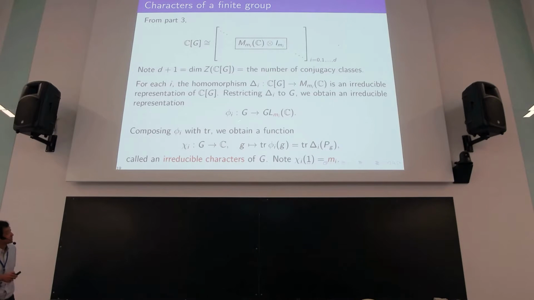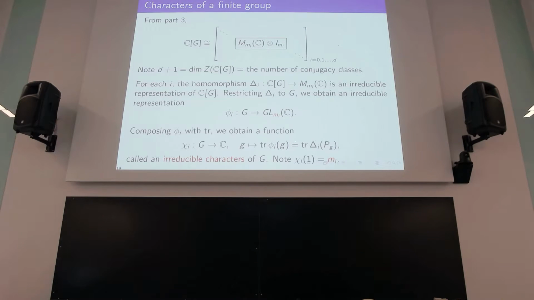Because this representation is obtained by restricting the representation, the image is really the ith block of the permutation matrix after block diagonalization. So this is called the irreducible character of the group G.